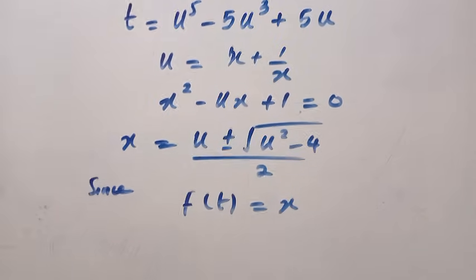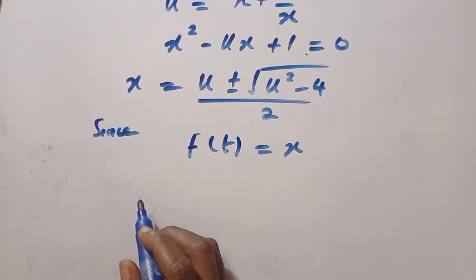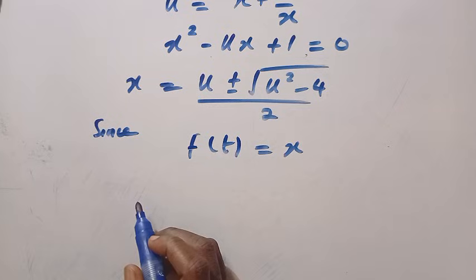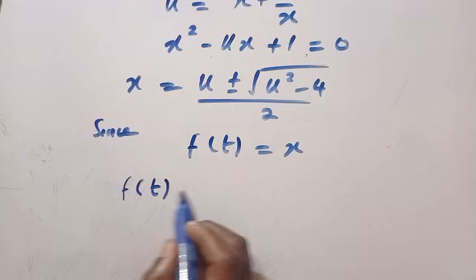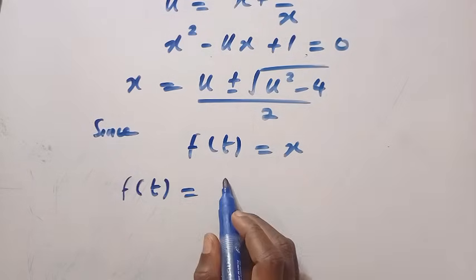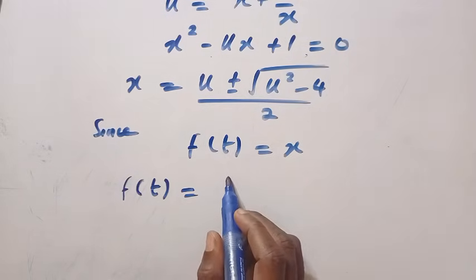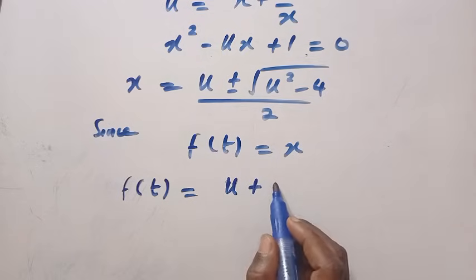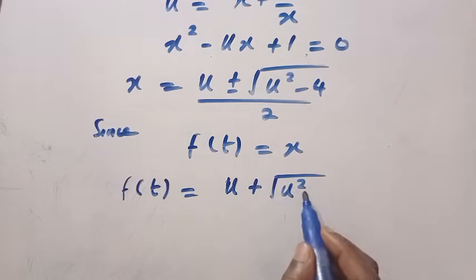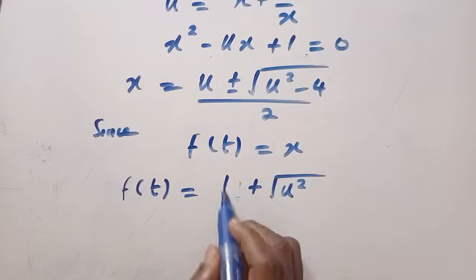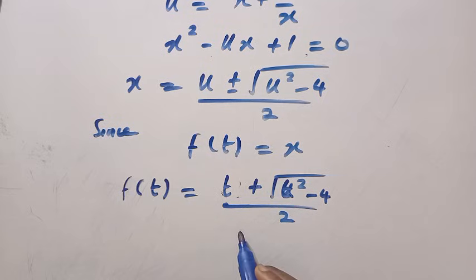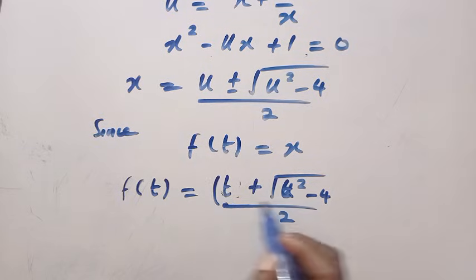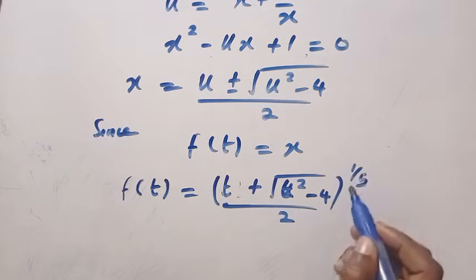So if this is what we have, then we conclude the value of f by taking the highest power of x, so we have f of t equals u plus the square root of u squared minus 4 divided by 2, then all raised to power of 1 divided by 5.